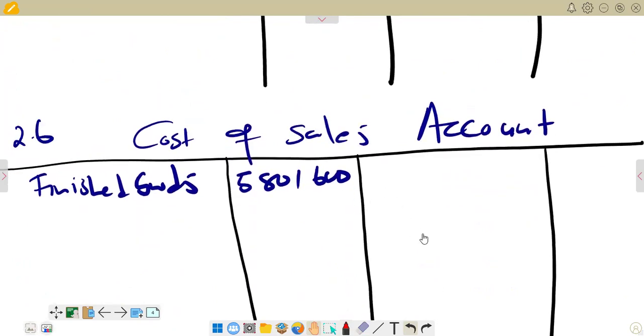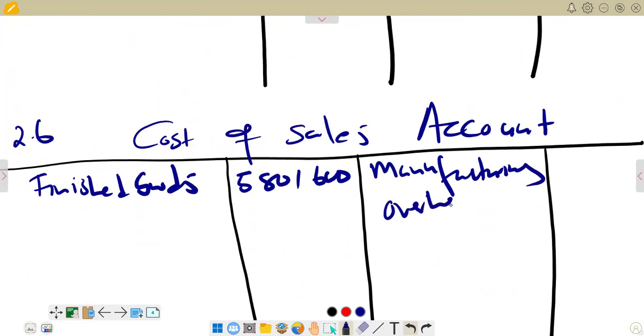What does it mean? It means we are now coming to the credit side, and we are saying this amount is coming from the manufacturing overheads. We have got an amount there of 87,208. So this is what we have.